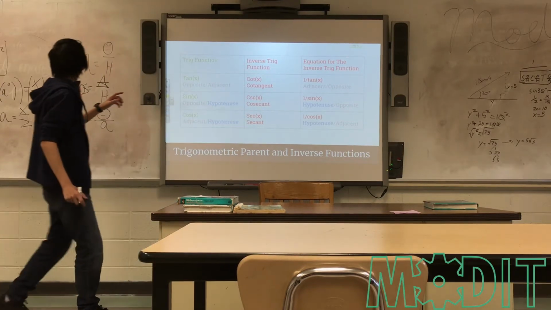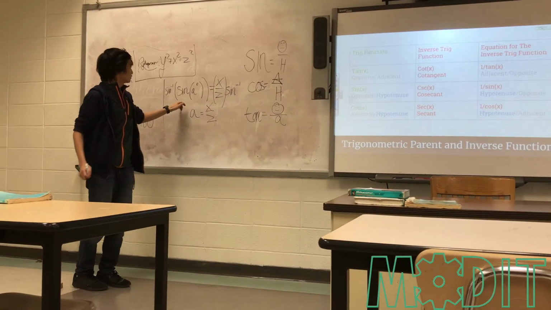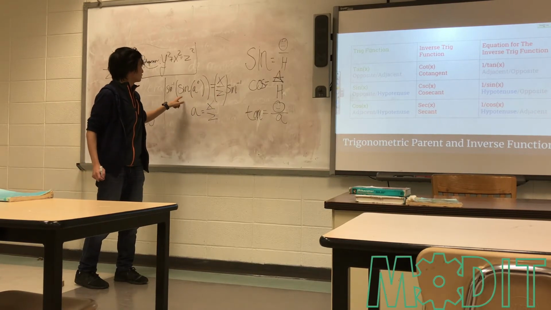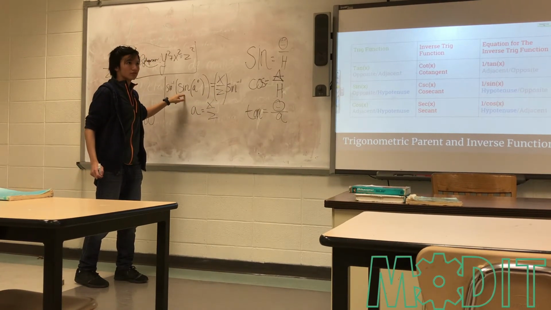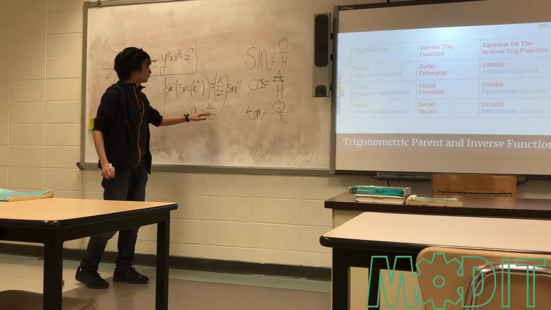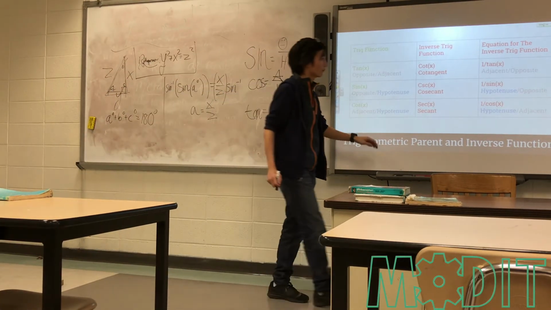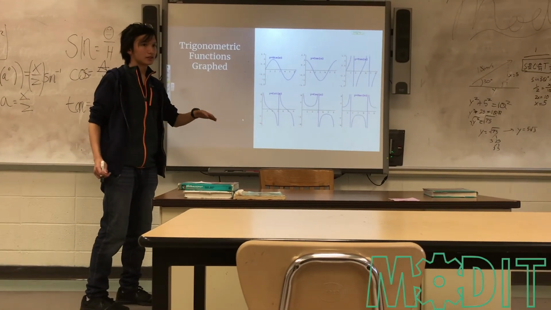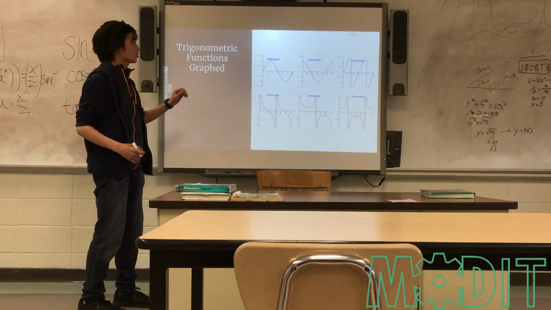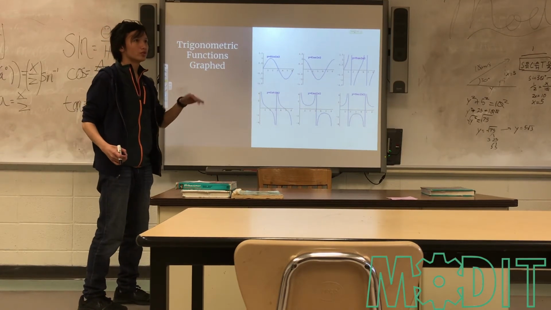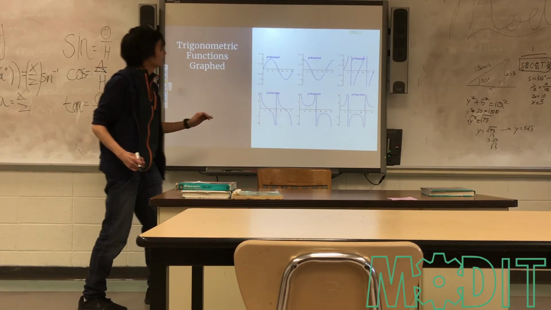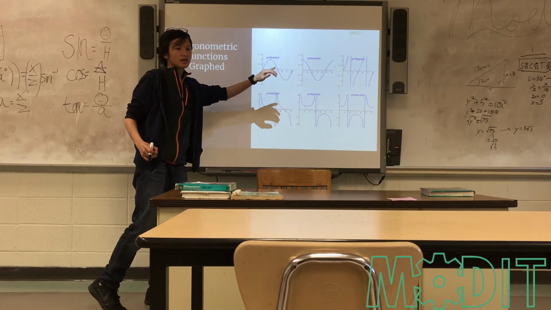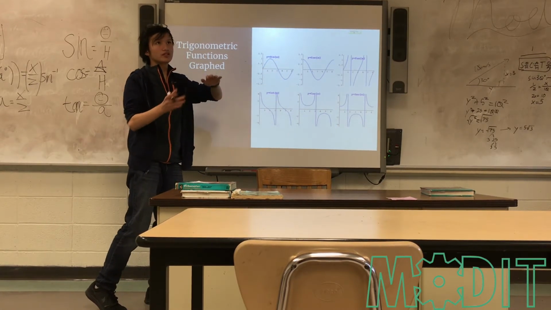And if you remember from over here, to figure out what this angle measure would be alone, you could use the inverse of the regular trigonometric function to find that value. Over here, this is just a reference to what each trigonometric function would look like when graphed, and each value placed on the x-axis would be a value correlating to a radian.